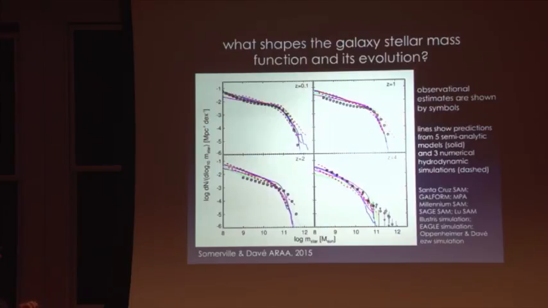And so what you see here is the stellar mass function that we saw before in some different redshift bins. The black points are a compilation of observations. We took a lot of care to try to do the best observational compilation. And then the different lines are these different models. The dashed lines are the 3 numerical hydro simulations, and the solid lines are various different semi-analytic models.